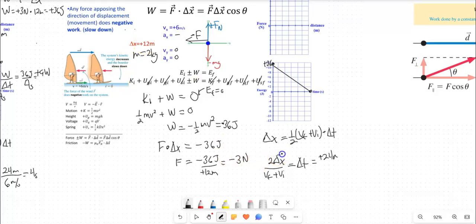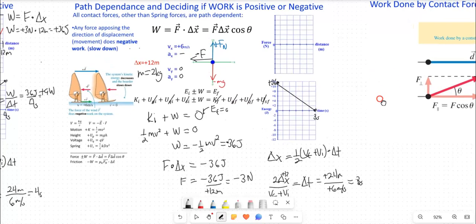This is positive 12 right here. And the final energy is 0. The initial energy is positive 6 meters per second. And so the time on this is 3 seconds, right? Just like before. So this is 3 seconds.